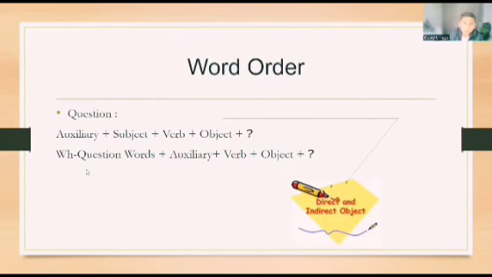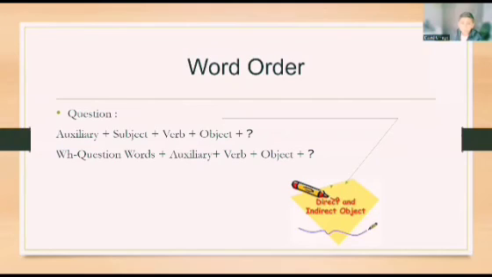And with the question, the simple could be: are you walking at night, for example? Or: is she dancing at the city or at the theater or at the museum?